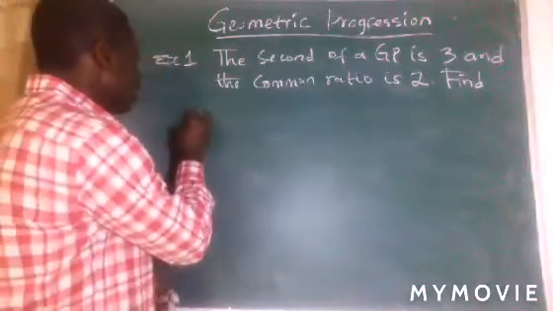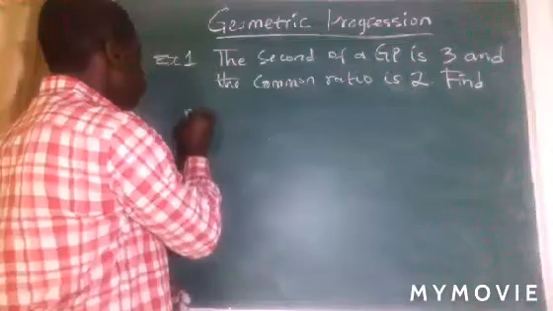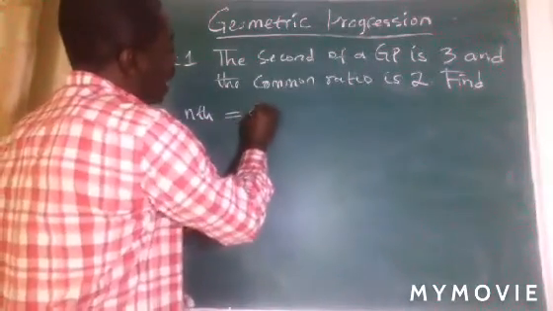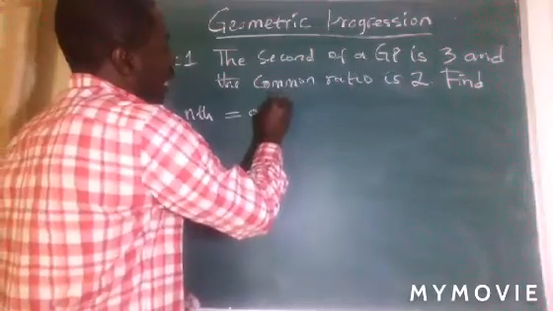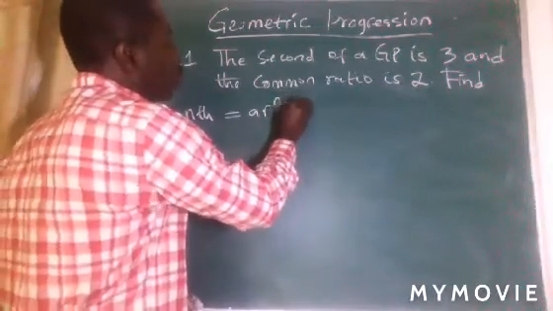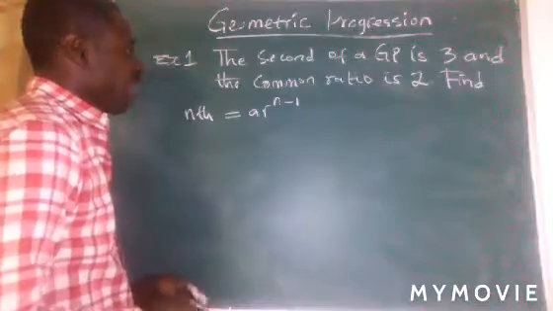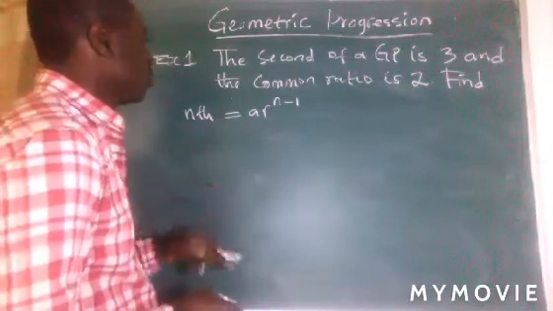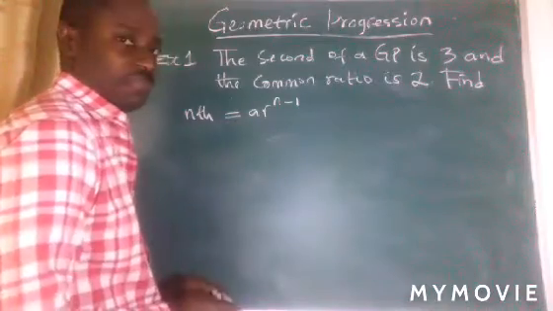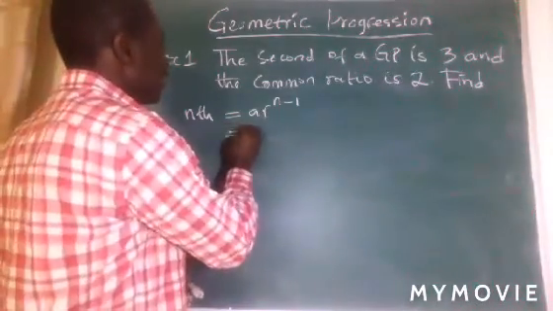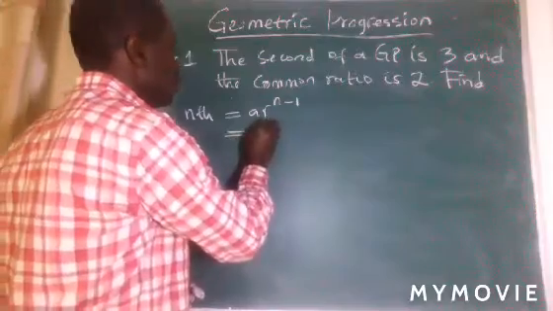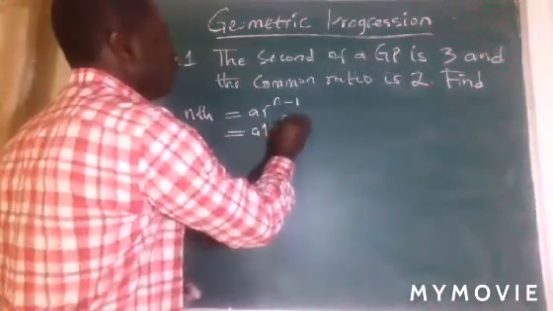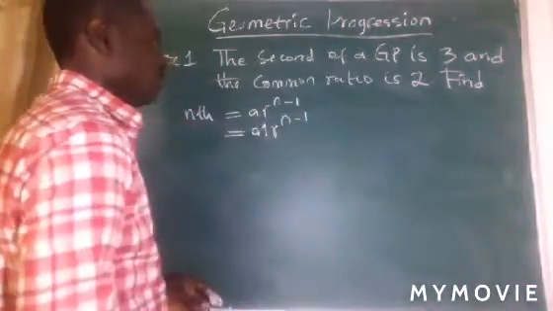The nth term is given as ar^(n-1). Now, we all know that a is the first term, so it is the same thing as a1, times r raised to the power of n minus 1.